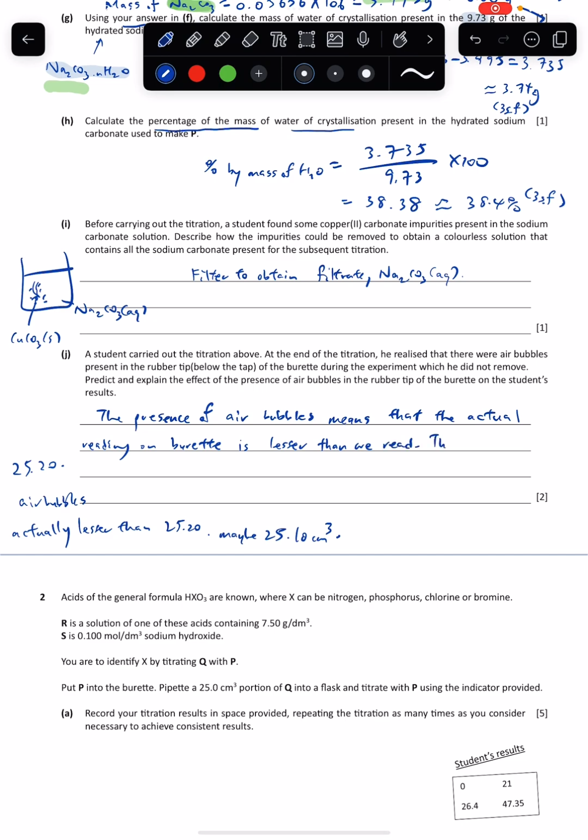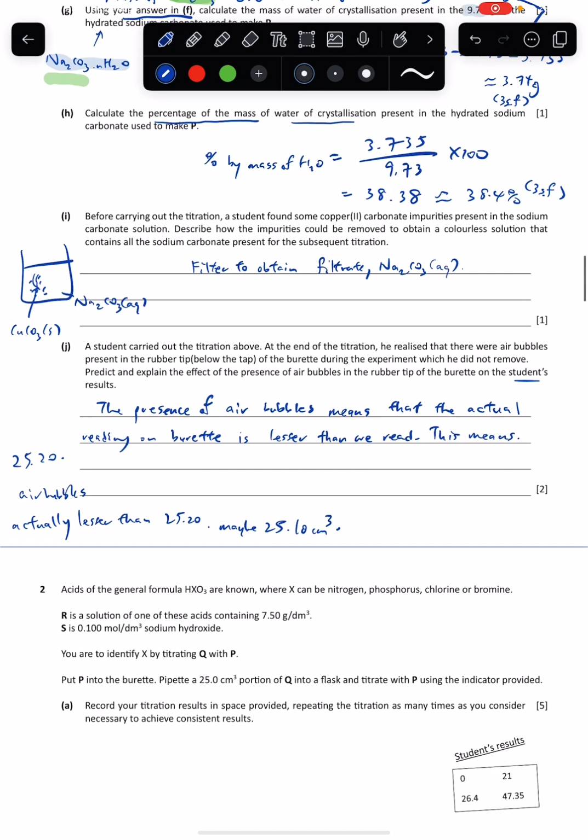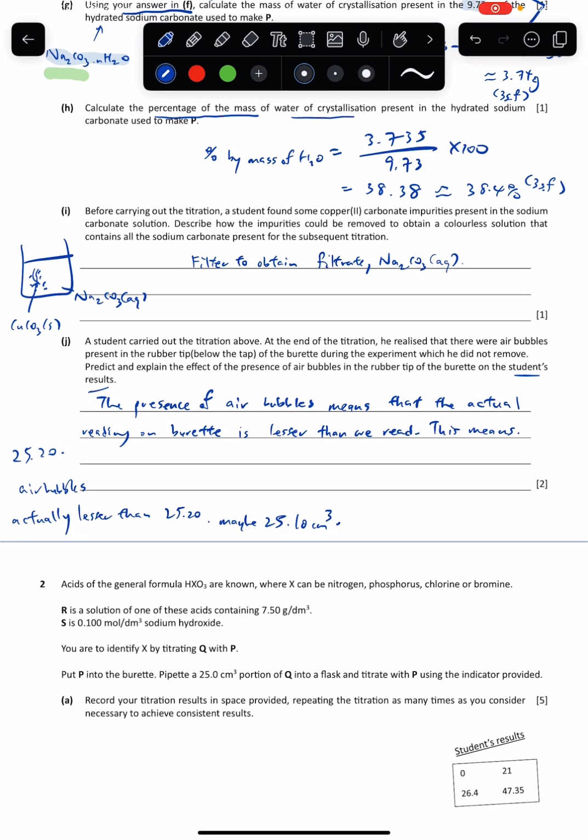See, the questions here are students' results, so we need to calculate all the way. This means that lesser volume of Q is actually present.